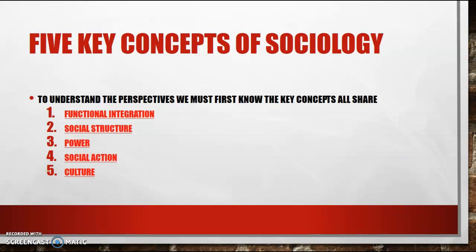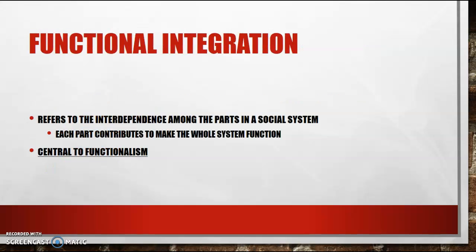But before we do that, we need to know the 5 key concepts of sociology. What are the things that we organize our perspectives around? They are functional integration, social structure, power, social action, and culture. Looking at these, functional integration refers to the interdependence among the parts in a social system.